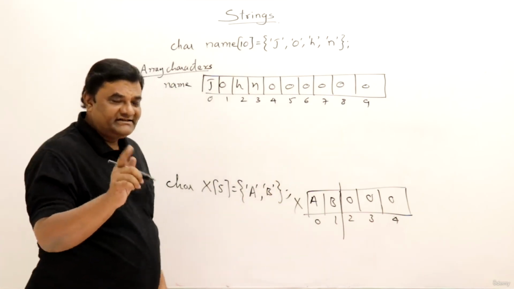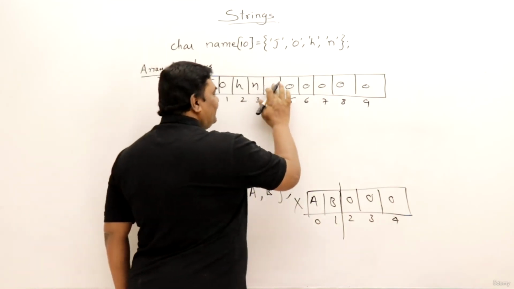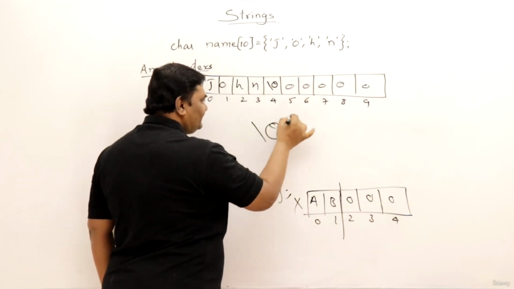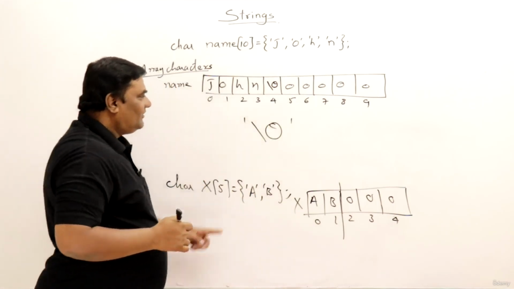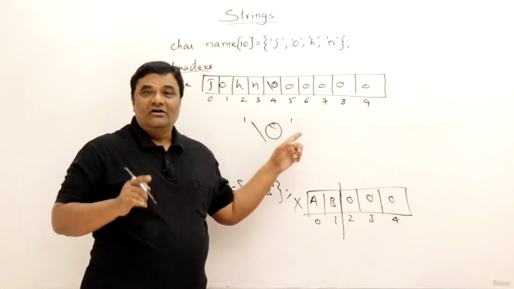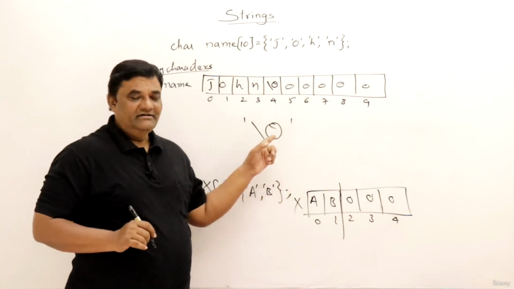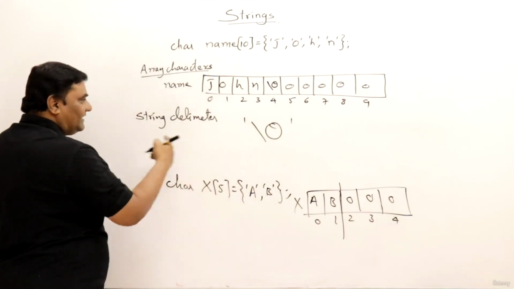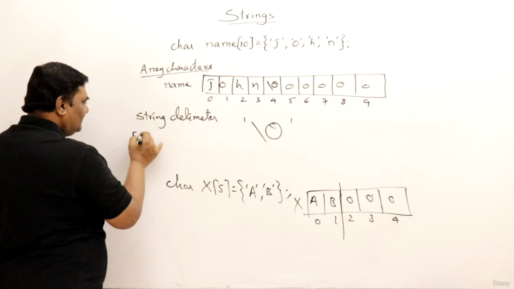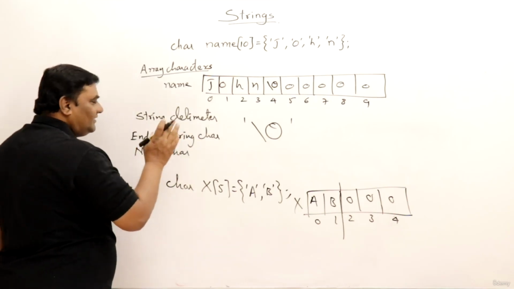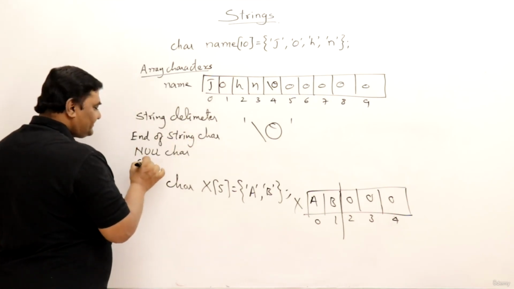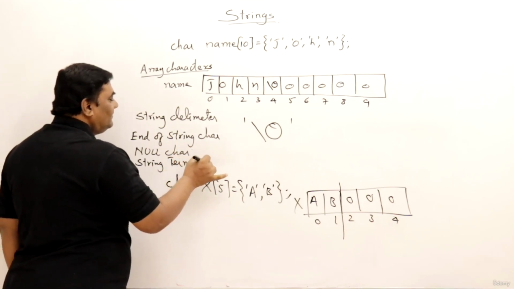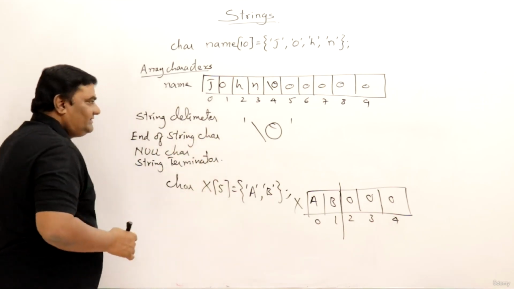So yes, in C and C++, it is marked with the null character, that is /0. This /0 is a null symbol or a string delimiter or end of the string character. It is called a string delimiter or end of the string character or null character, or also we call it the string terminator, right?